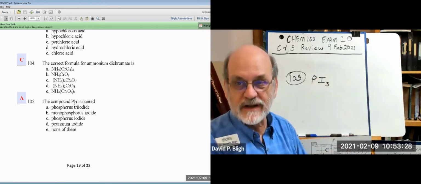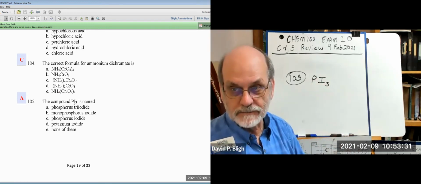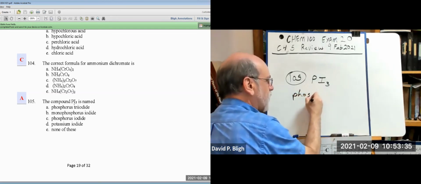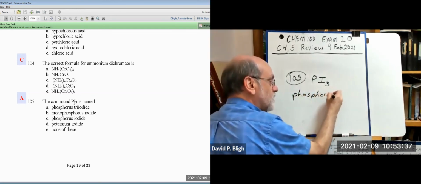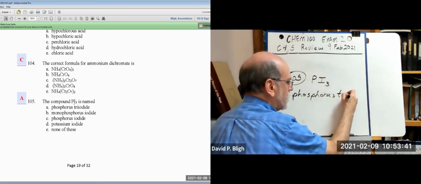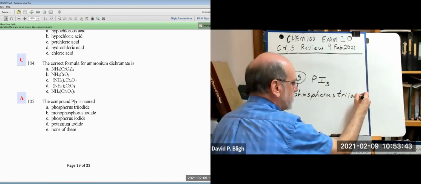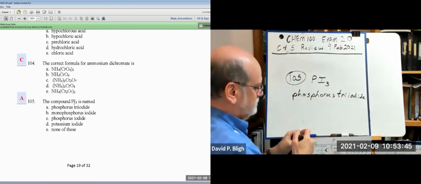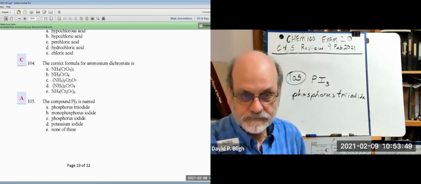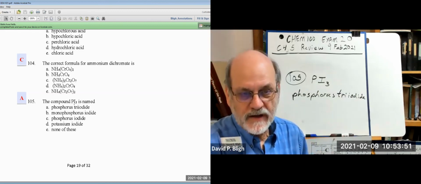So that means you just need to name how many of each one. So it's phosphorus. Because phosphorus is first, you don't say mono. And then you say tri iodide. Okay. Tri meaning 3. So that's why it's A.